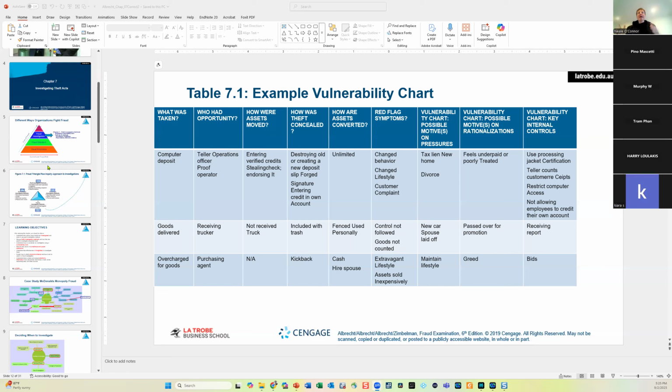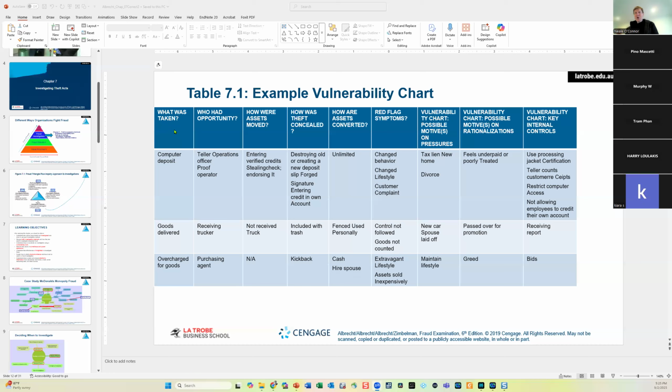Well, guess what? There is a second money slide, and I'm so excited. Here is the second money slide, and that is the vulnerability chart. This is something you have to know very, very well, and I'm sure to put something like this in the exam somewhere, somehow.